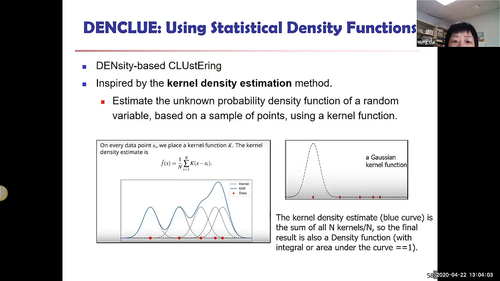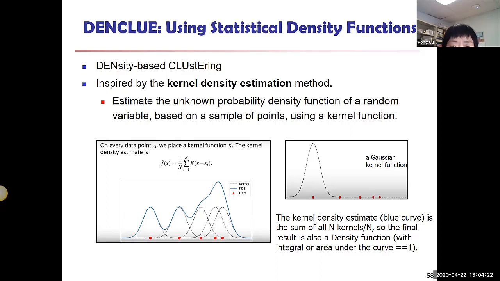The goal is, when you have a sample of points, you want to know the probability density function of the random variable which generated this sample. How can we find out that?